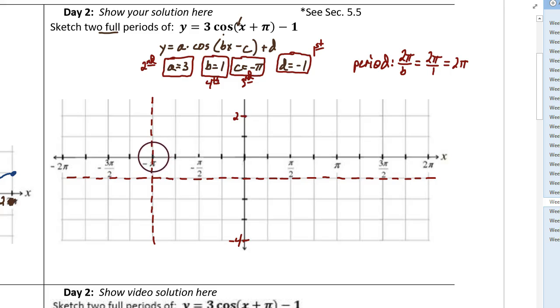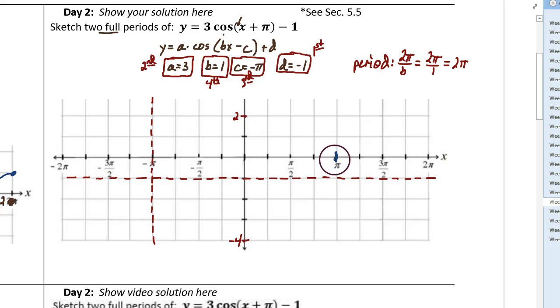From our new vertical axis line, I'm going to go to the right 2 pi units. So here's pi over 2, 2 pi over 2, 3 pi over 2, 4 pi over 2, which is the same thing as 2 pi units. There's where 1 period is, stretching from here all the way over to here.